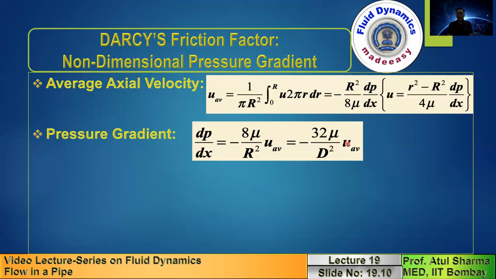Now, as an engineer, we are interested in knowing these engineering parameters, such as in this case, the pressure gradient and the wall shear stress. The pressure gradient and the wall shear stress are the two engineering parameters for this problem.